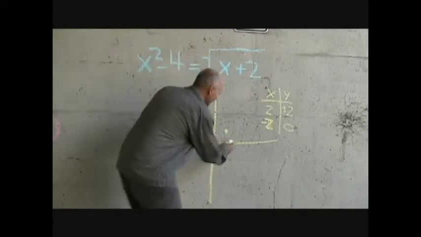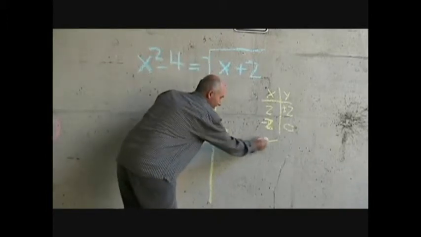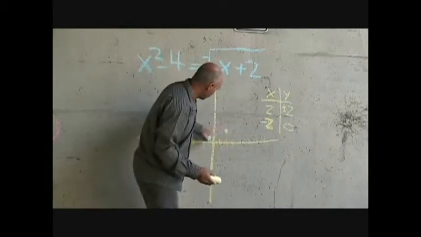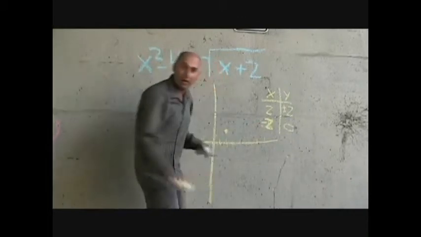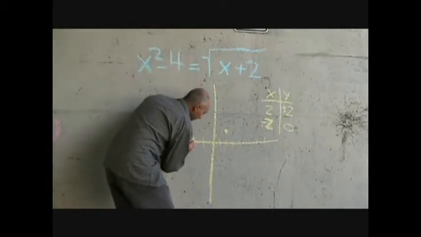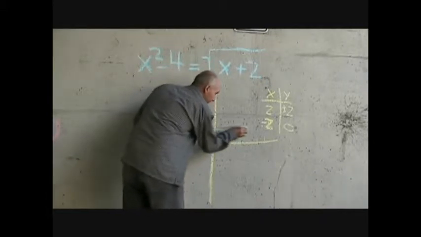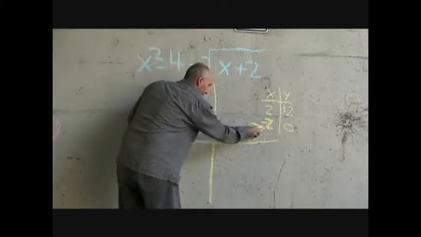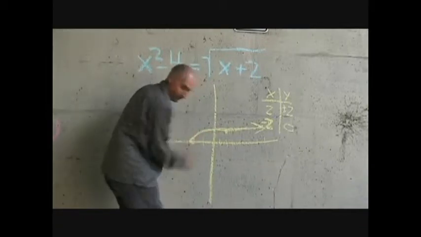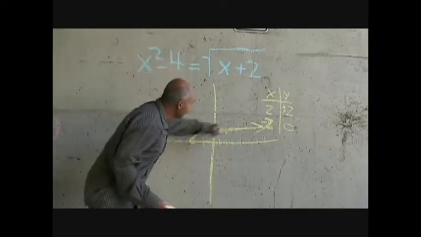So if you go 7, and 3, 4, 5, 6, 7, it's just going to be 3. 1, 2, 3. So it's going to be up here. So this graph does a curve, or this function looks like this.